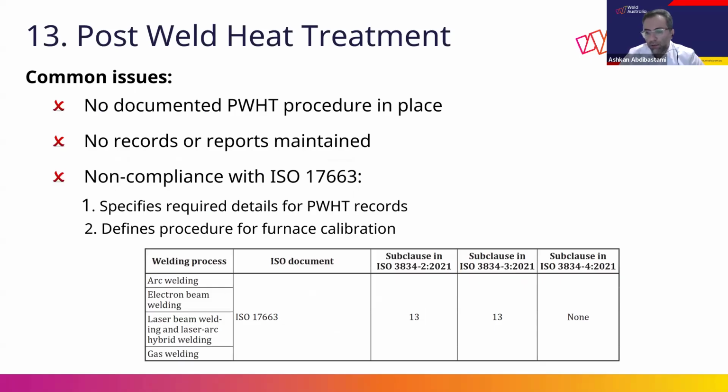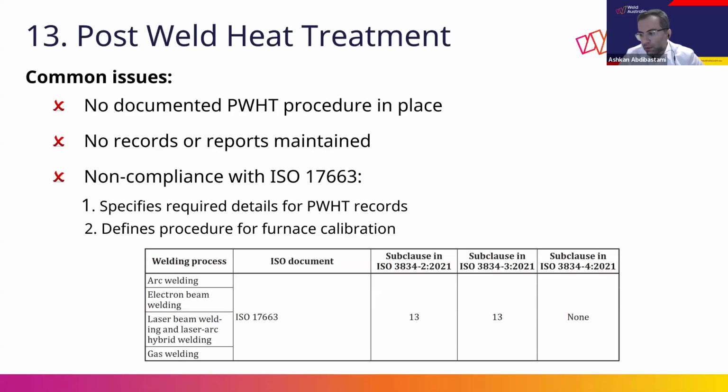Common issues here: having no documented procedure, no records or report maintained. And there is also sometimes non-compliance with ISO 17663. I have extracted this table from part 5, which references the applicable standards for each section.